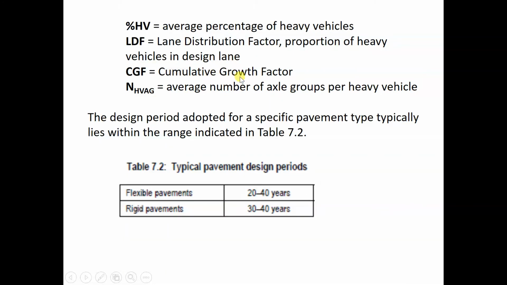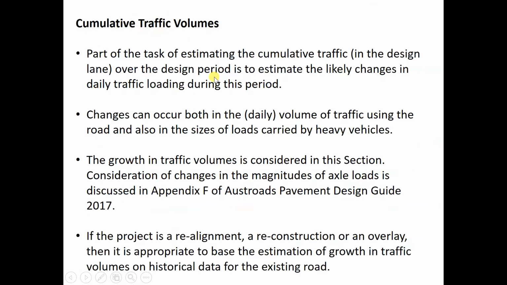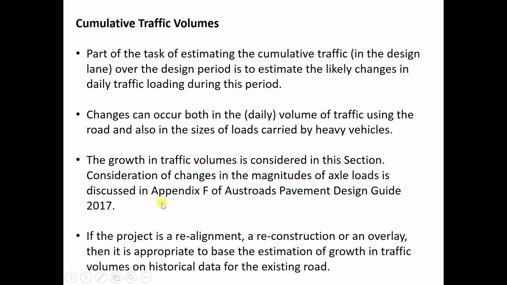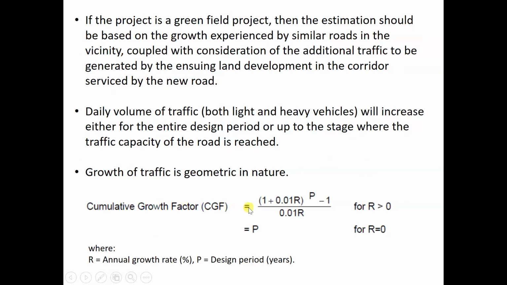CGF, cumulative growth factor. This one will be based on this formula here. R is the annual growth rate. What's the growth rate of the traffic? This one is for all the traffic, both the light and heavy vehicle.